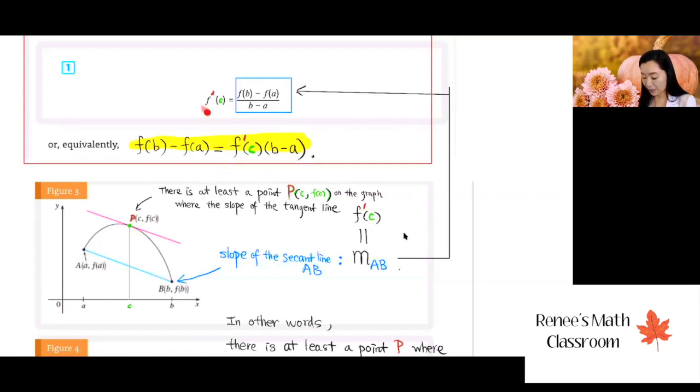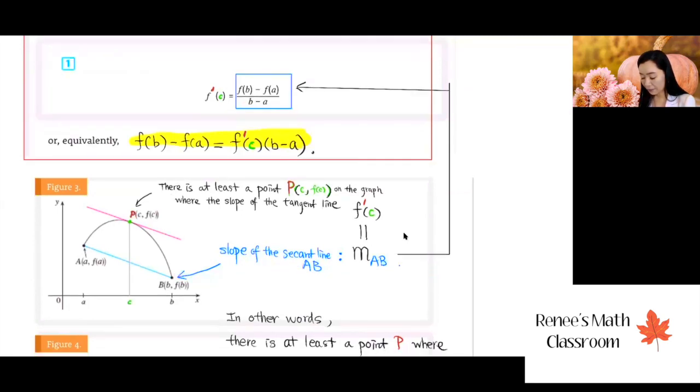So f prime of c is the slope for the tangent line. And this part over here is the slope for the secant line. Remember the slope formula: f(b) minus f(a) is the rise from this point to this point, and b minus a is the run.